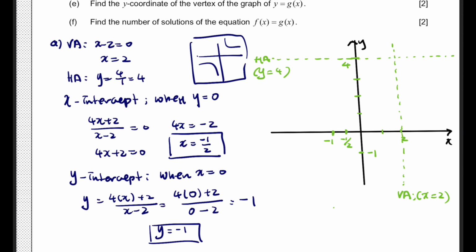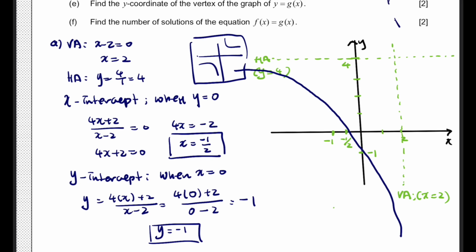Okay, then I can approximate my graph. The graph never passes through the horizontal asymptote, but it does pass through these two intercept points, and then never passes over the vertical asymptote. And we should have exactly the same graph on the other side.